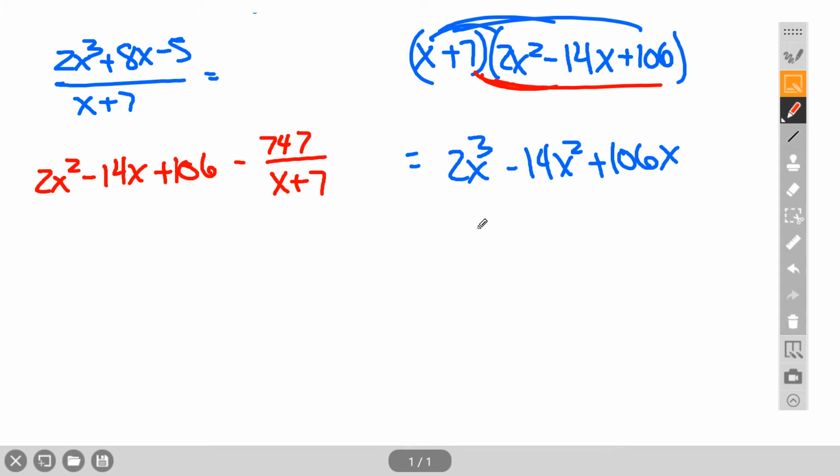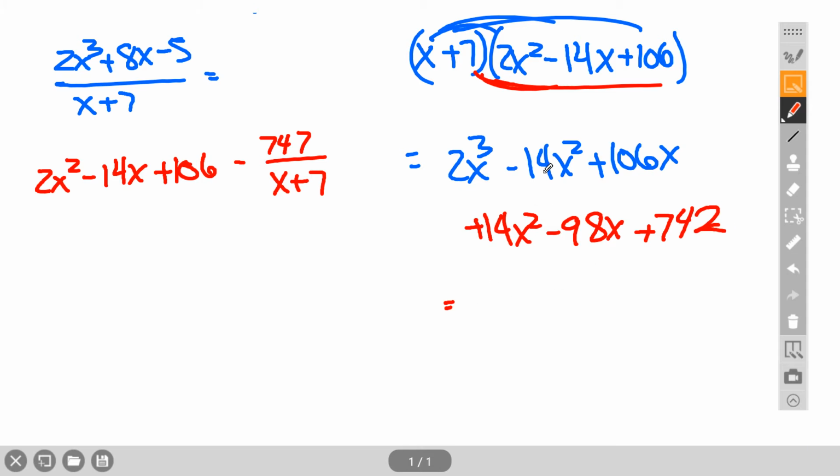So plus 14x squared, and then 7 times negative 14, minus 98x, plus 742.